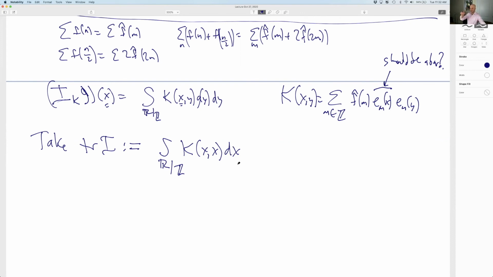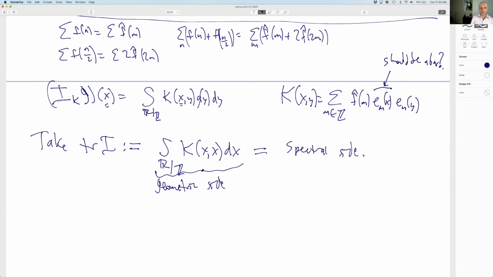That's taking the diagonal of this operator and just adding it up. So this is the geometric side because it's the diagonal. This is the geometric side. And this will be equal to the spectral side, which we'll get to in a second.